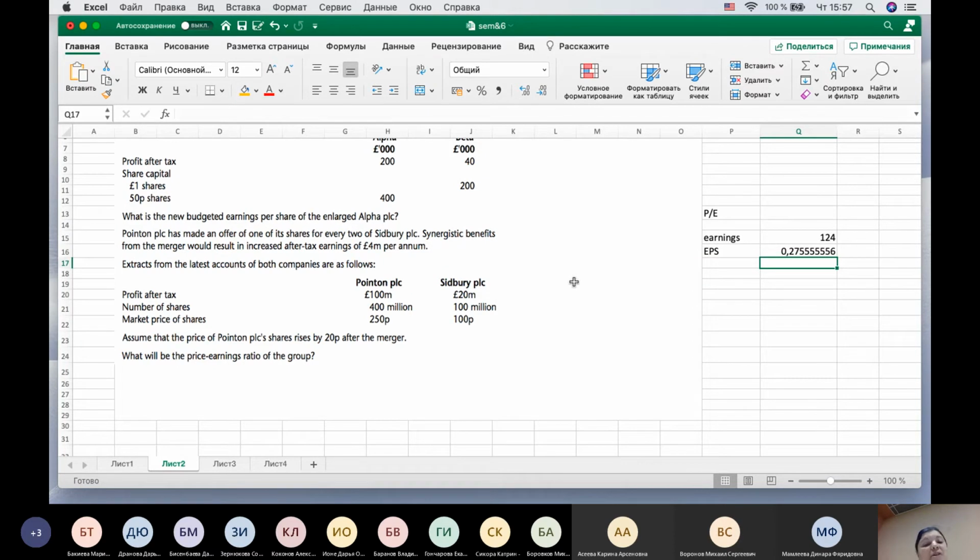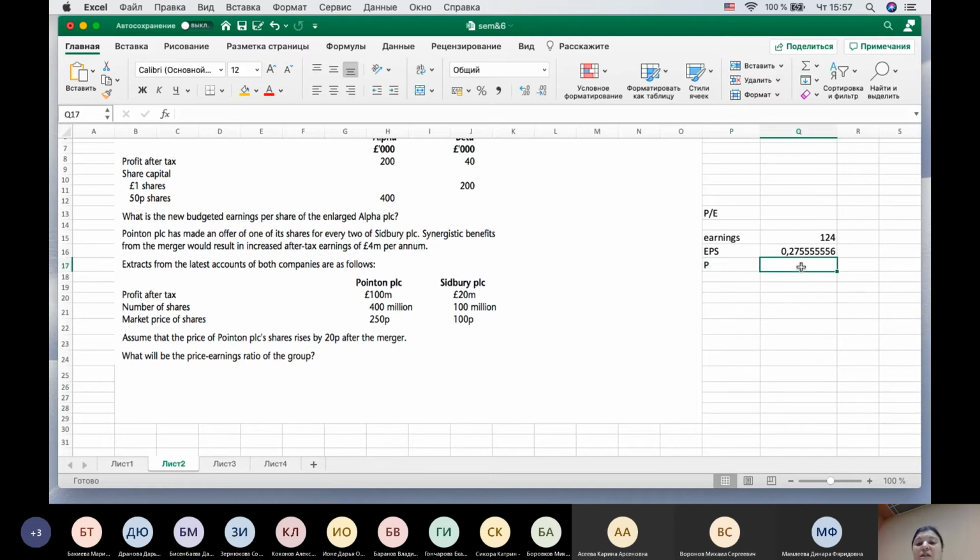Now we have to find the price. According to the conditions, assume that the price of Poynton plc shares rises by 20 pence after the merger.